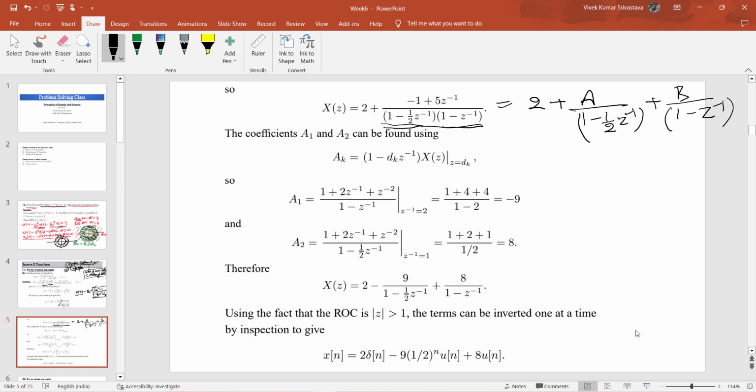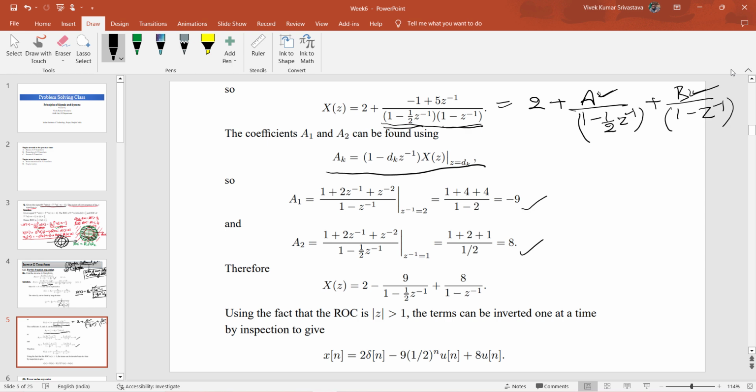Now we just have to determine these factors, that is A and B. I already covered how to determine these factors, using the formula from the previous class. So I am leaving this exercise for you; you can later try to check it.